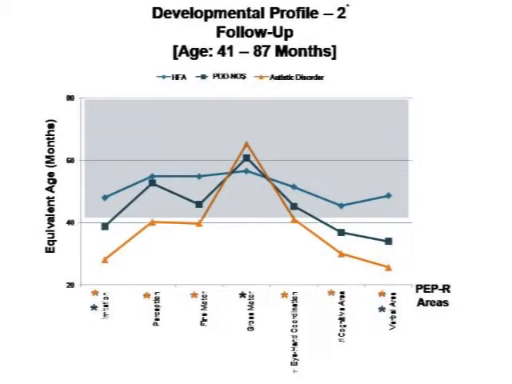At the second follow-up, you can see the profile of high functioning autism is very homogeneous, whereas the profile of PDD-NOS and autistic disorder is heterogeneous, with lower scores, in particular in imitation, in the cognitive area, and in the verbal area.